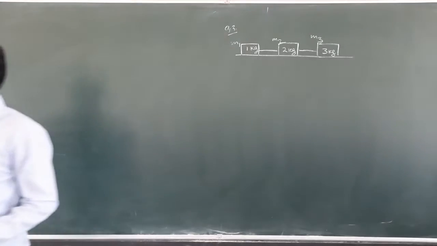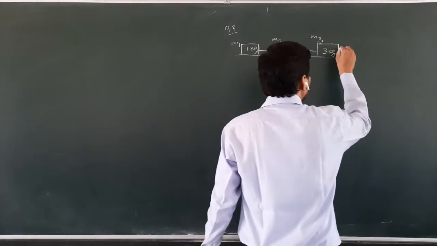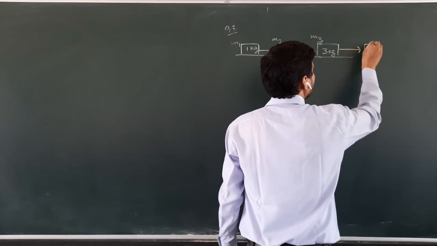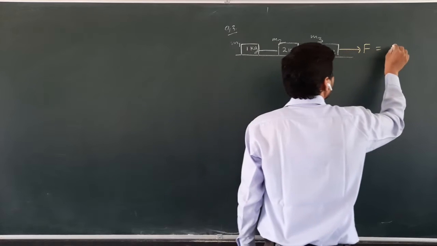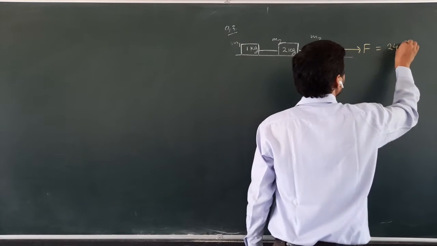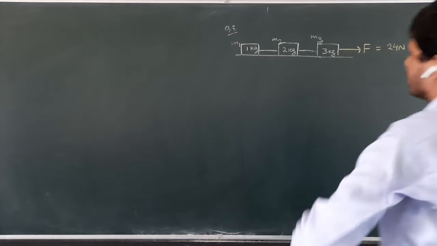And a force F is applied towards right on this 3 kg block. And this force F is given to be, suppose, 24 newtons.